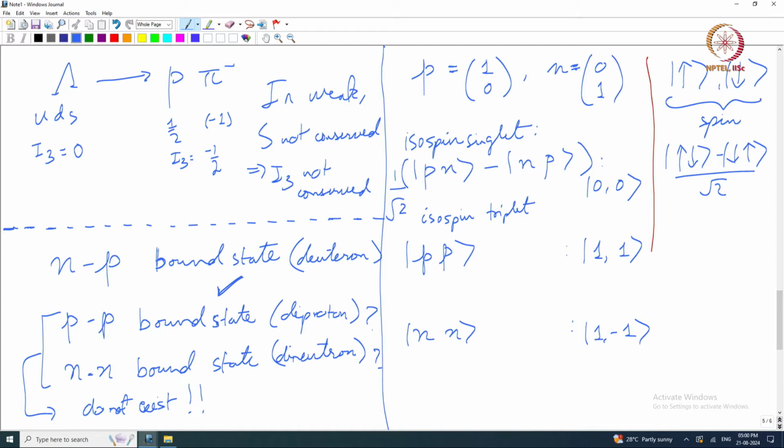Of course there is another manifestly symmetric combination with Pn and Np, but with a plus now, with the normalization factor, and that of course is 1, 0. Good. So, these are the isospin singlets and triplets.